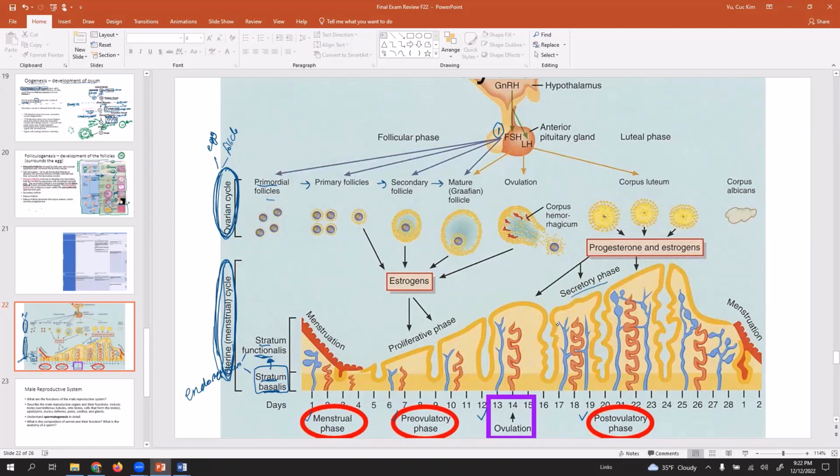Now, the follicles are going to release what? Estrogen. And guess what estrogen does? Builds the lining of the uterus. That's right.